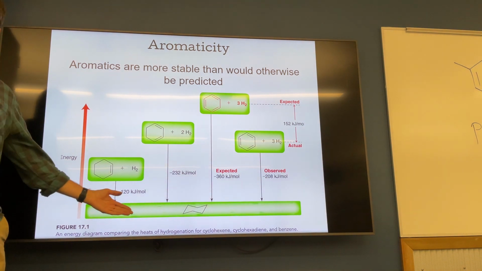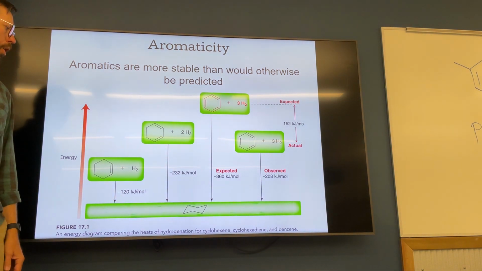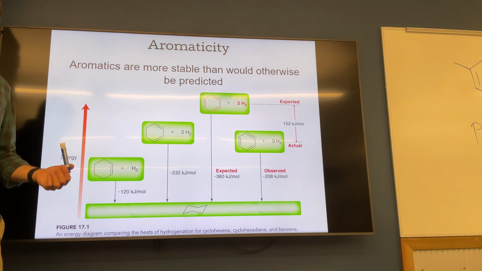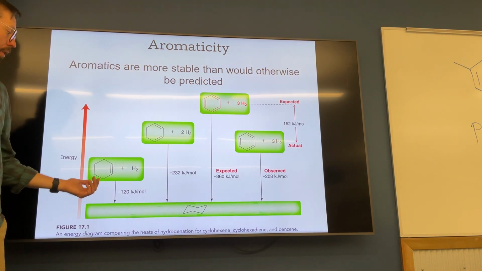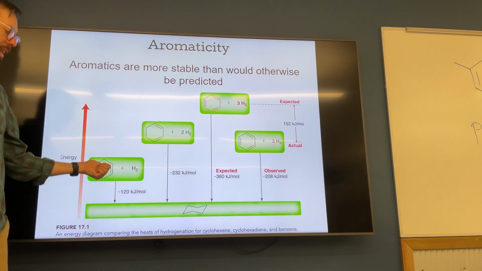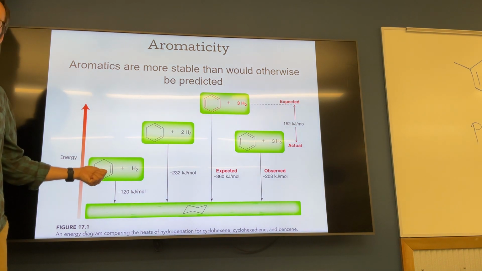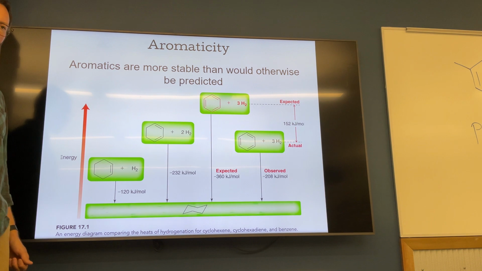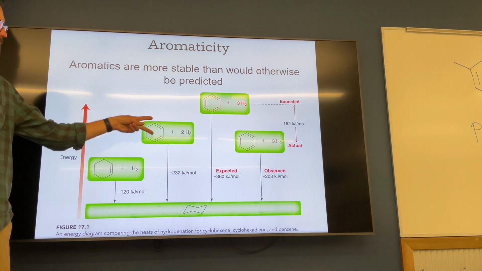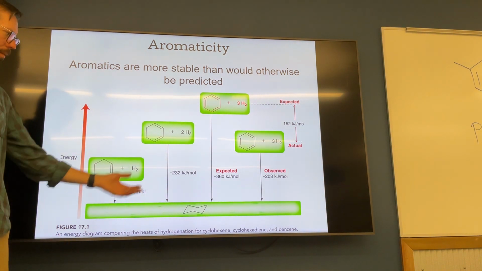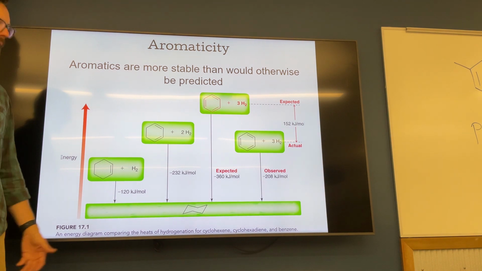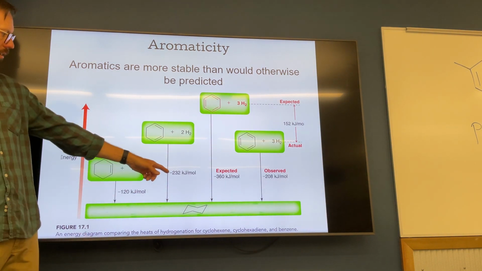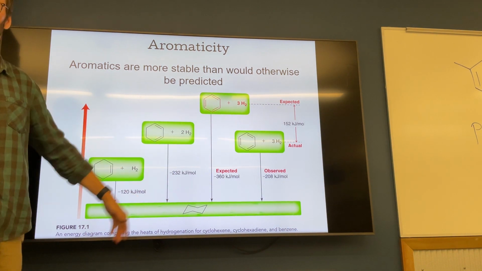It's becoming more stable, right? So by inference, we would assume, okay, to break that pi bond and put on those hydrogens, we get 120 kilojoules per mole of energy released. If we had 2 pi bonds, it should be about double that. And in fact, it's fairly close.